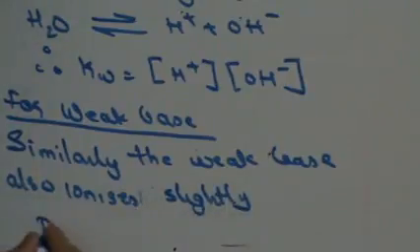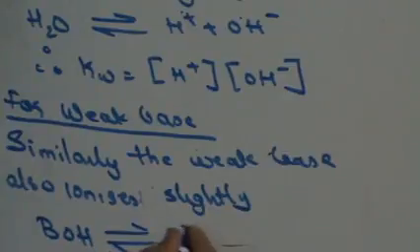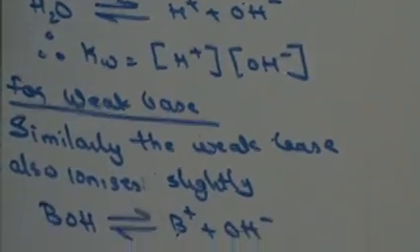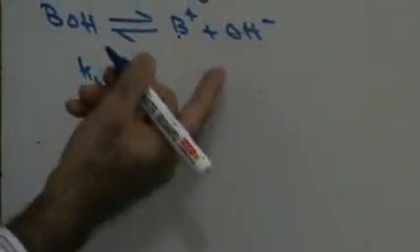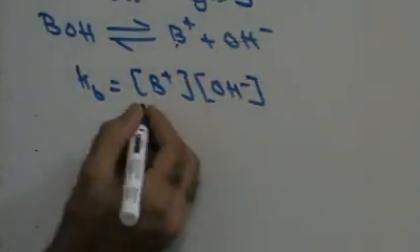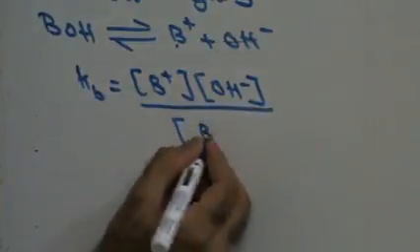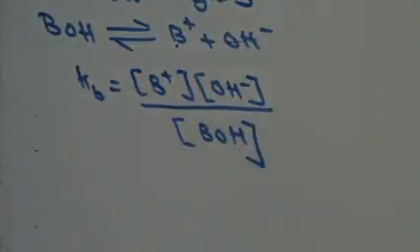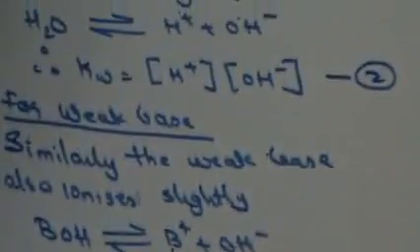So in which case I can say BOH is the weak base which ionizes slightly to give you B plus plus OH minus, right? In that case, dissociation constant for this base, if I apply law of mass action, will be active mass of the product upon active mass of the reactant, right?